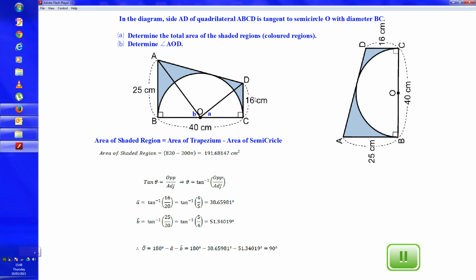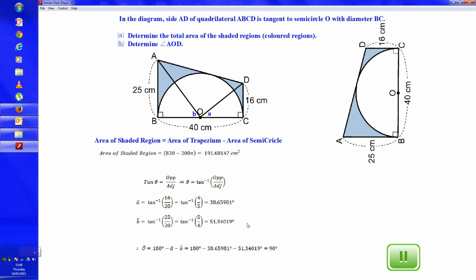Opposite of our angle A is 16 centimeters. Adjacent to our angle A is 20 centimeters, which is our radius of the circle. So 16 upon 20, we work the angle A out to be 38.65981 degrees.